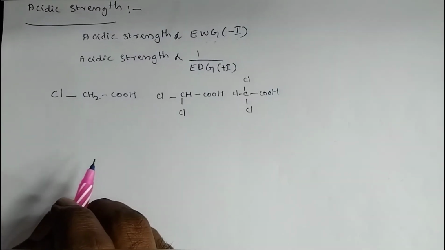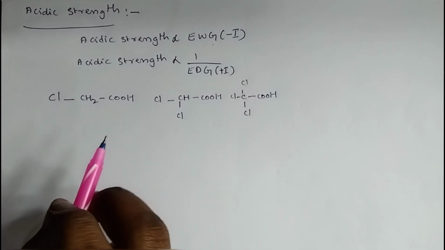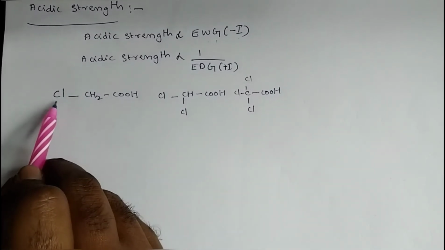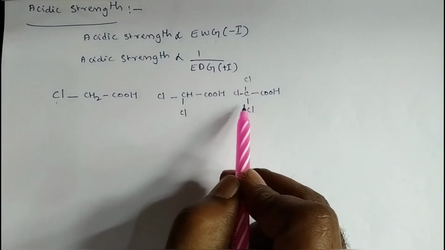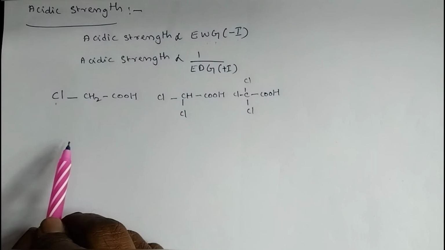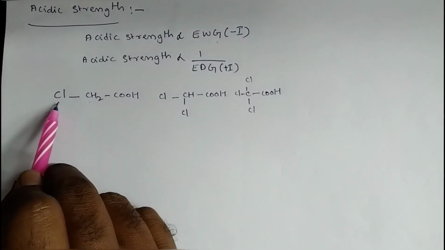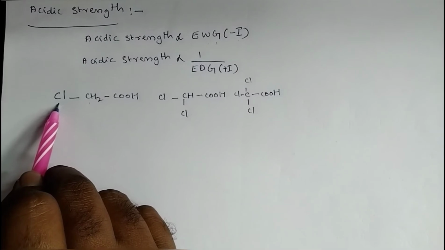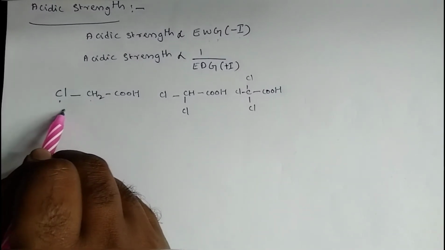So in this example, first we have to find the electron withdrawing group and electron donating group. Here chlorine is given, here also chlorine is there, and here 3 chlorine atoms are there, right? The chlorine atom has more electronegativity than the carbon atom, that's why it acts as an electron withdrawing group. That means it shows a minus I effect.